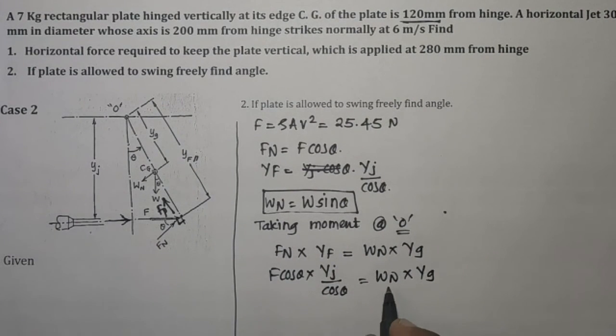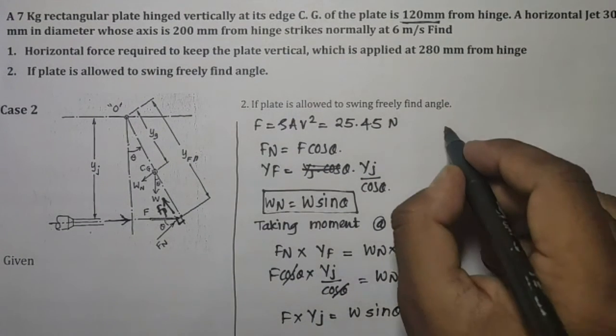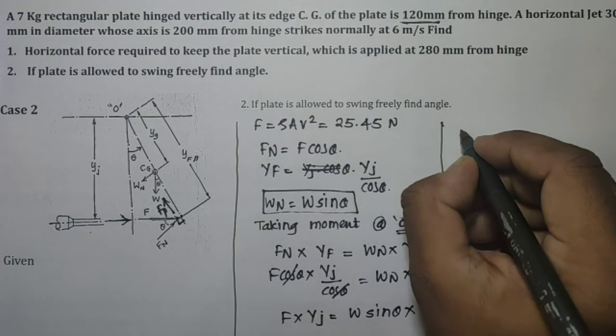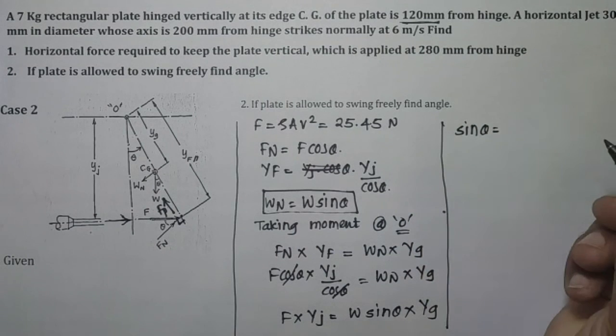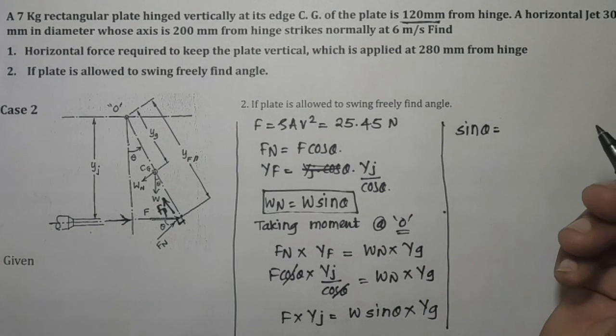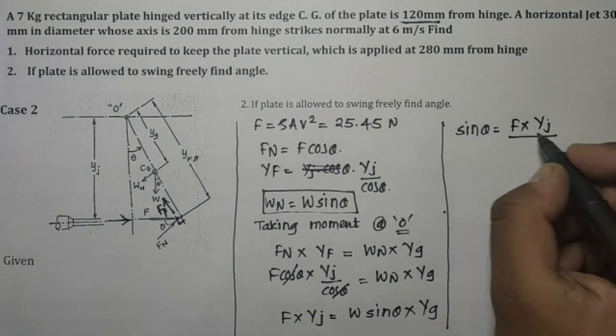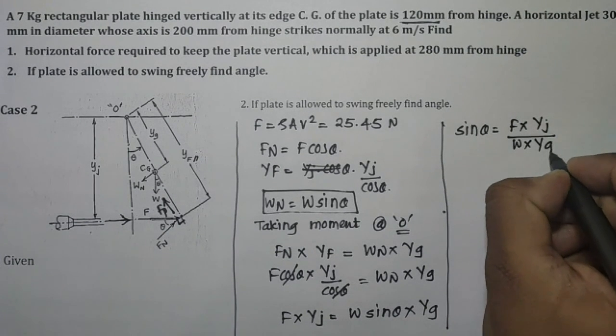So cos theta gets cancelled out. F into Yj is equal to W sin theta into Yg. Now we can write this equation as sin theta equal to F into Yj divided by W into Yg.